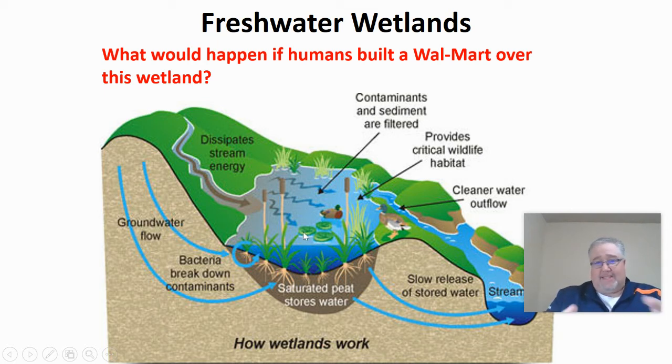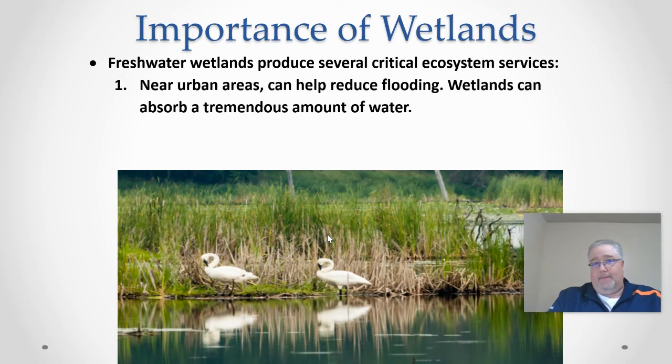But the wetland is the middle, where all the water saturates and just stays. But imagine what would happen if we built a Walmart over this, or we built a golf course over this or something. There are some really, really important aspects of a wetland.